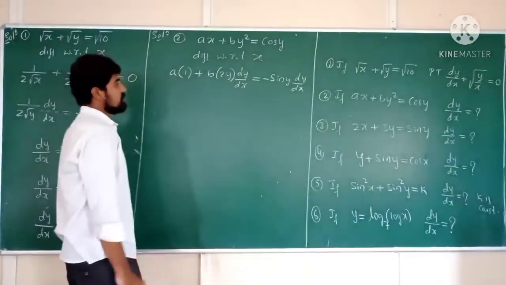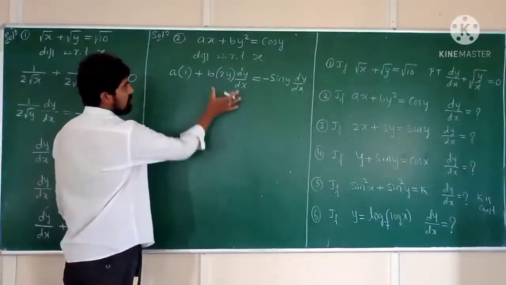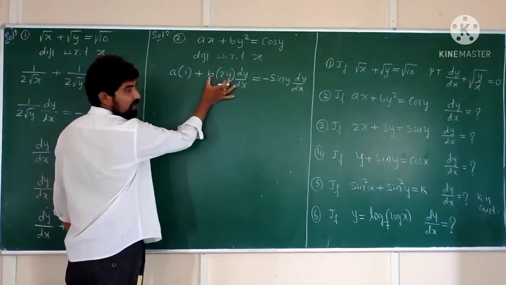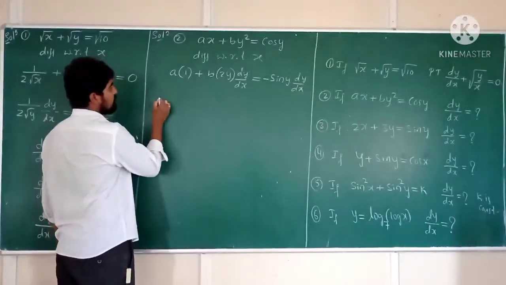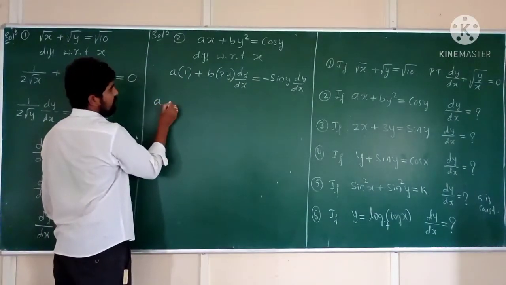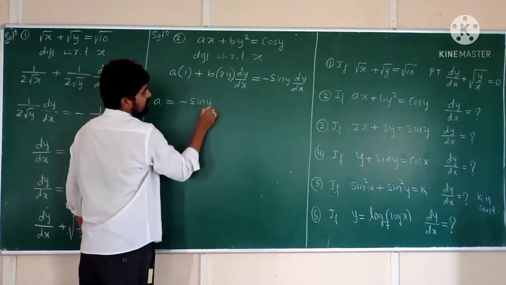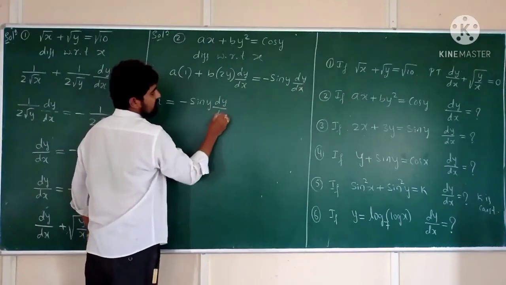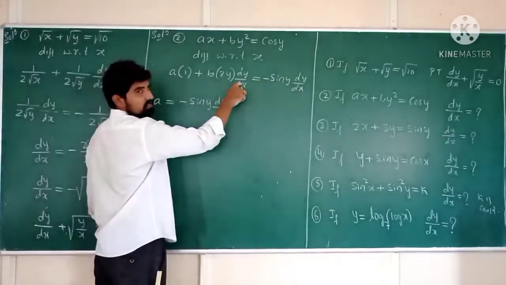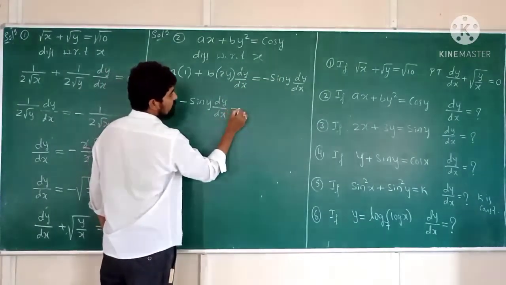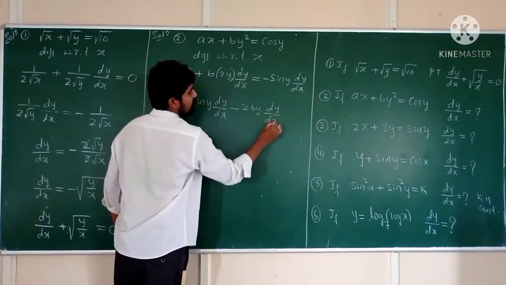I hope all of you understand. So we need to find the value of dy by dx. Therefore shift this 2by into dy by dx towards the right hand side. It becomes a into 1 is a, is equal to minus sin y into dy by dx. After shifting this 2by dy by dx towards the right hand side, it becomes minus 2by dy by dx.